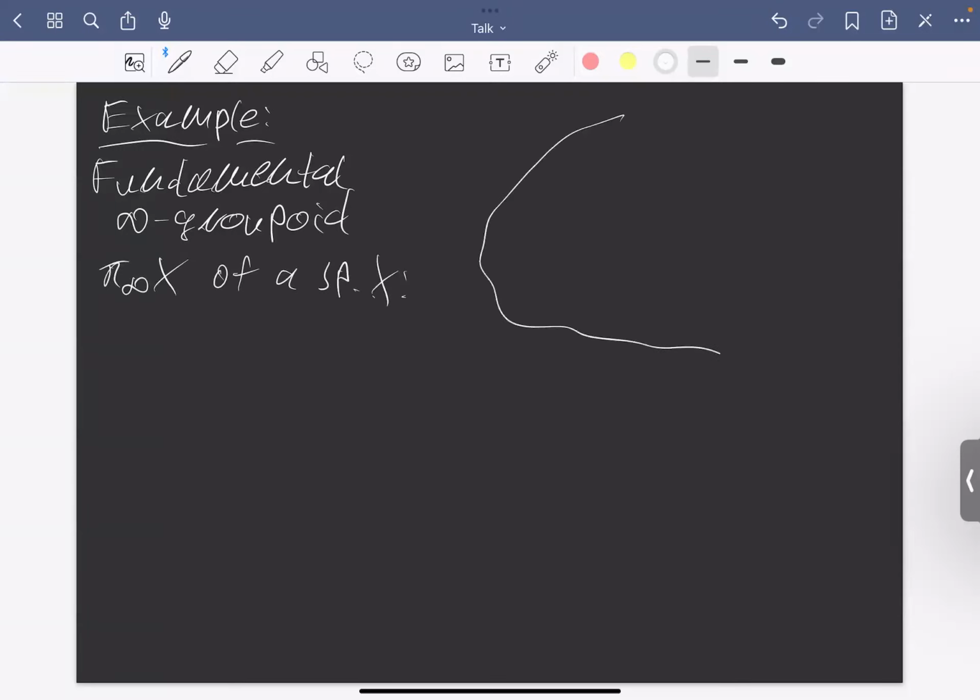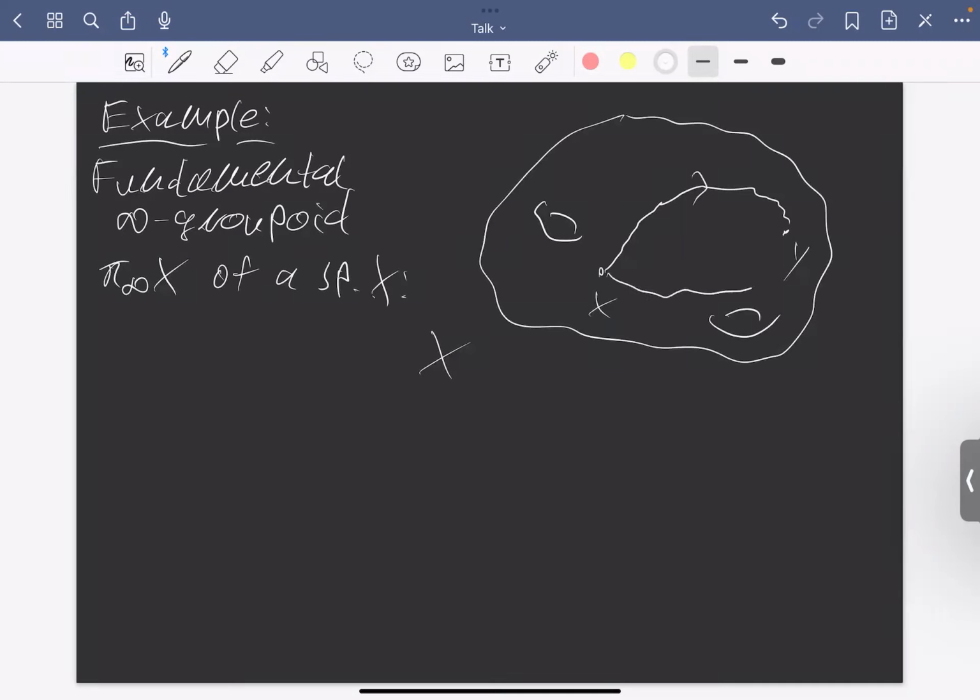So if we have a space X like this, might have some holes in it or something, a kind of surface. The fundamental infinity groupoid will have as the points, or the zero cells, the points of the space. The one cells will be paths between those points.